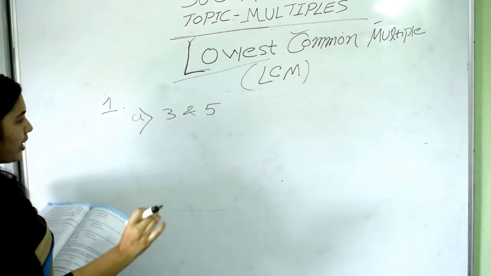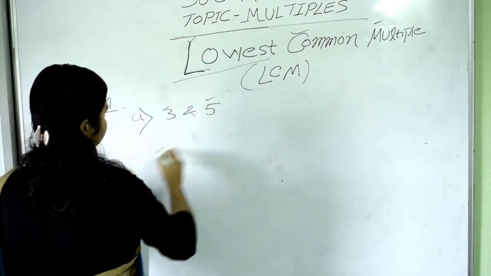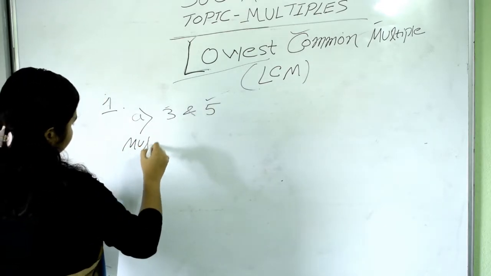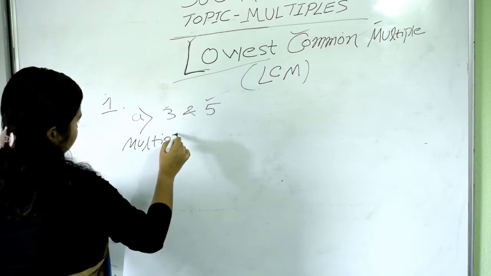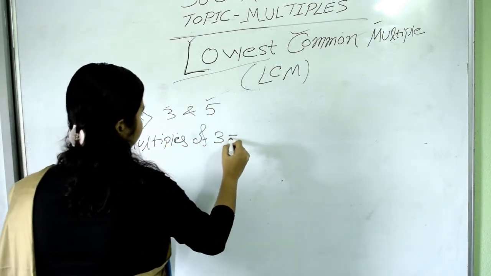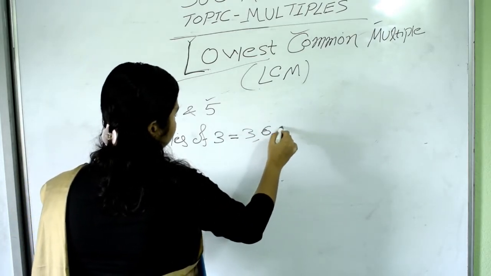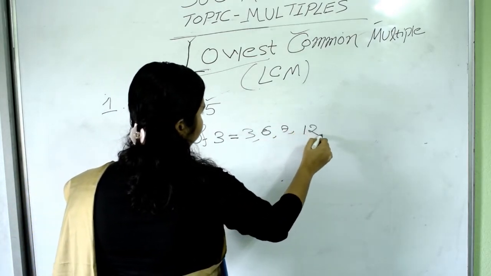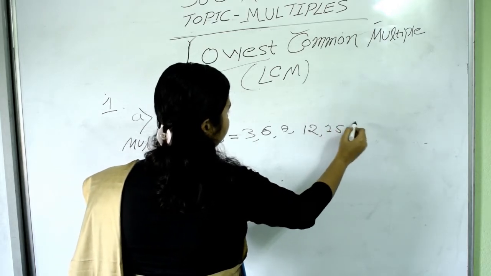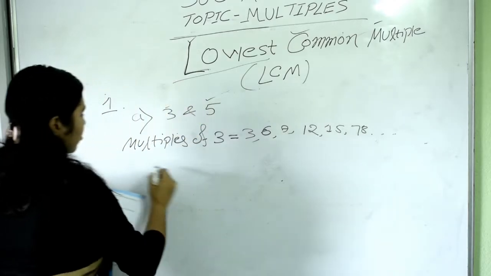First we have to find the multiples of 3 and then the multiples of 5. Multiples of 3: 3, 6, 9, 12, 15, 18, and so on.